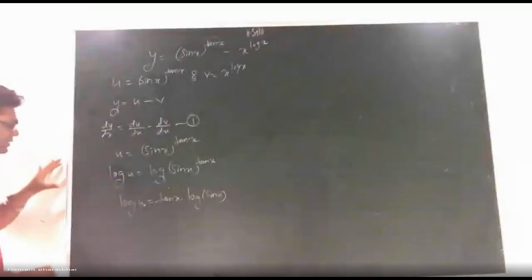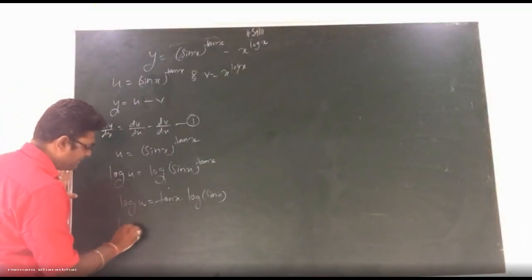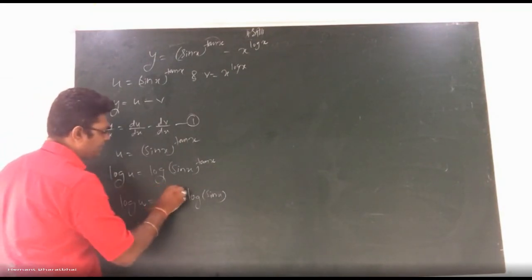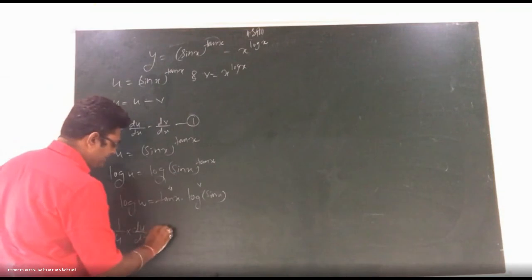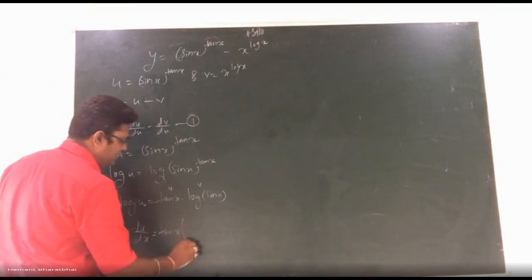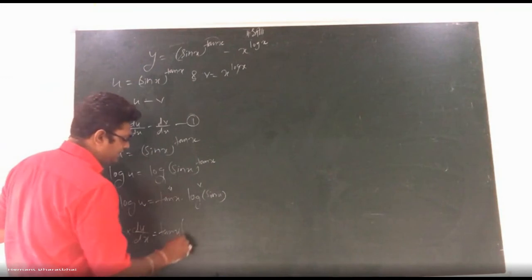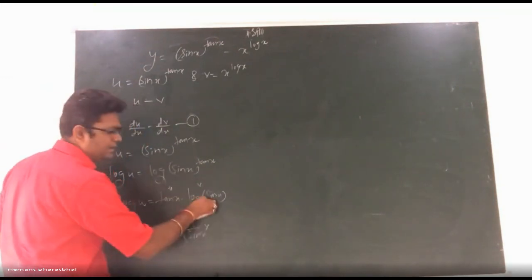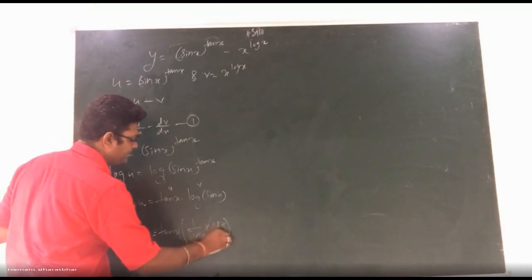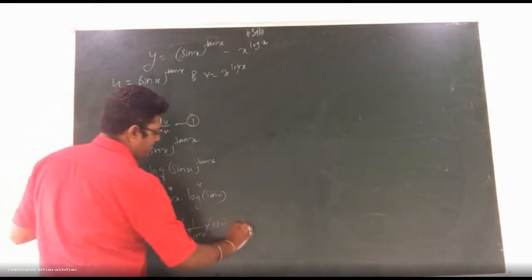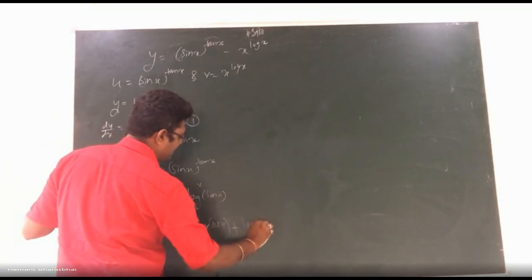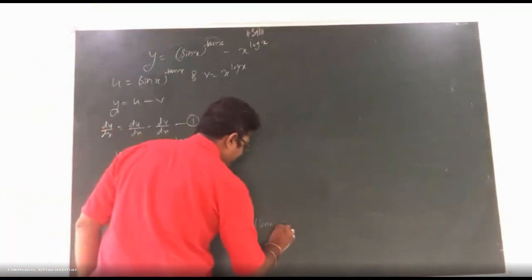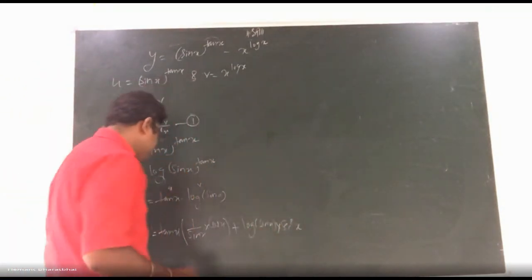Now when I take the derivative of log u, it will be 1 by u into du by dx, equals, now here I will have to apply the product rule. I'll keep tan x as constant and take the derivative of log sin x. Here I will have to apply the chain rule. Derivative of log is 1 by its argument, so that will be 1 by sin x into the derivative of sin, which is cos x, plus I'll keep log sin x as constant and take the derivative of tan x, that will be sec square x.